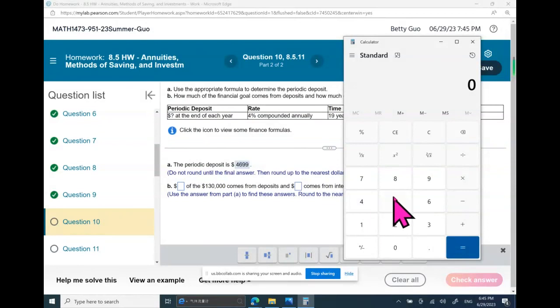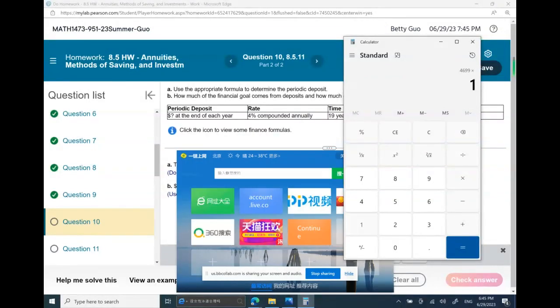You deposit $4,699 every year, for 19 years. Multiplied by 19.